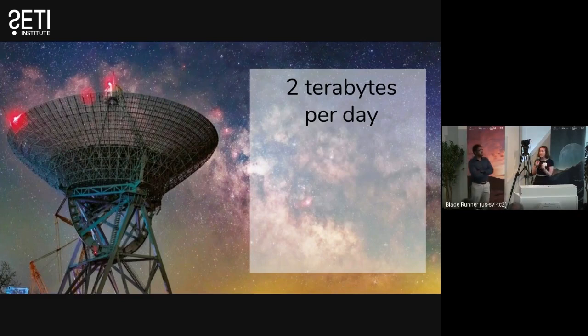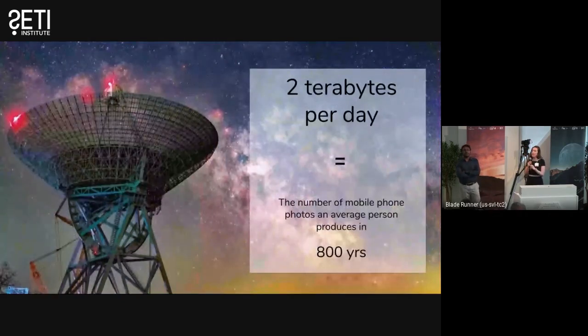How many pictures do you take on your phone every day? 5? Maybe 10? Okay, let's say 10. It will take you about 800 years to accumulate on your mobile phone the amount of data SDO is producing in one single day.